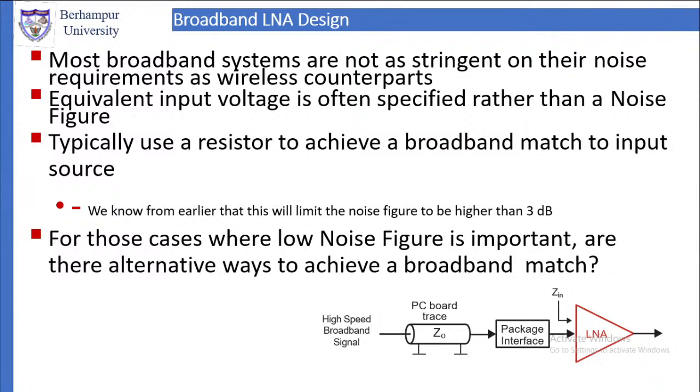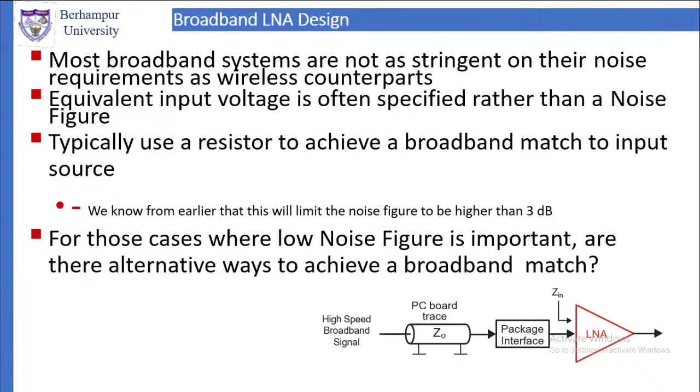What we do here is, a high-speed broadband signal comes to a package interface through the PCB trace, and the package interface is connected to the LNA with the input impedance Z. So we know from earlier that this will limit the noise figure to be higher than 3 dB.